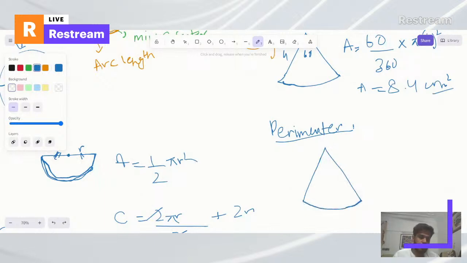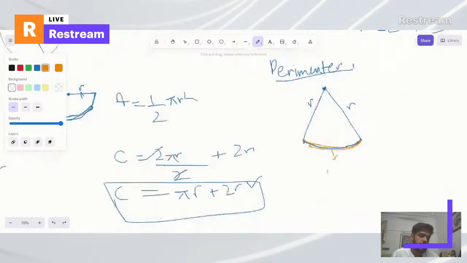These are the three sides. If this is the center of the circle, this is going to be r, this is going to be r, and this is going to be the arc length. So these are the three sides: r, r, and the arc length.